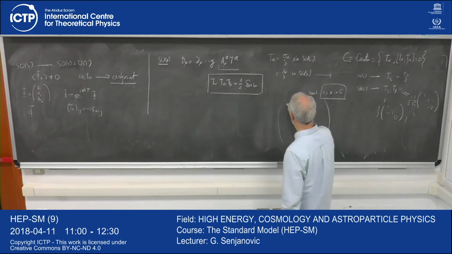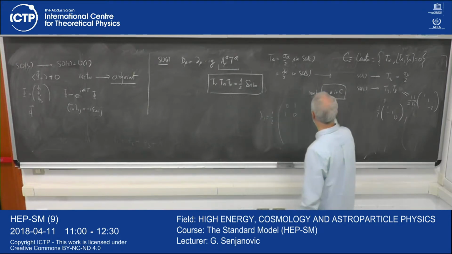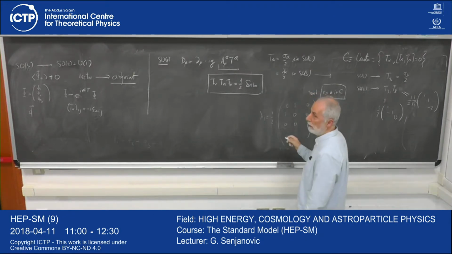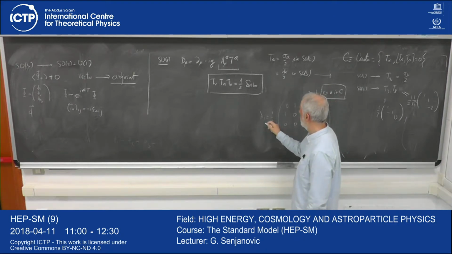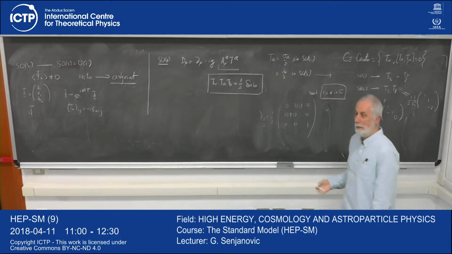So you would say, okay, put, so there will be lambda 1, there will be a half, and then the rest is 0. And lambda 2? Well, put minus i here, and then i here. You put sigma 1 and sigma 2.